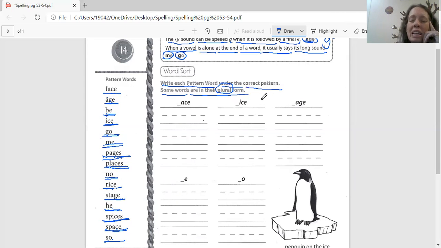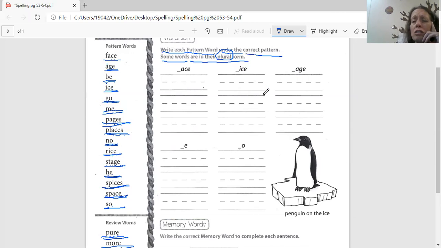Okay, so basically, this is pretty easy. You've done this so much before, you know a lot of word patterns right here. So on that ACE, you're looking for words over here that have ACE as their last three letters. On this one, you're looking for ICE words. Here you're looking for AGE words.